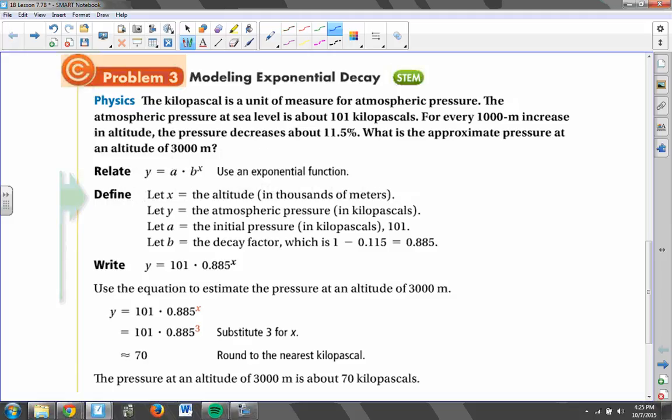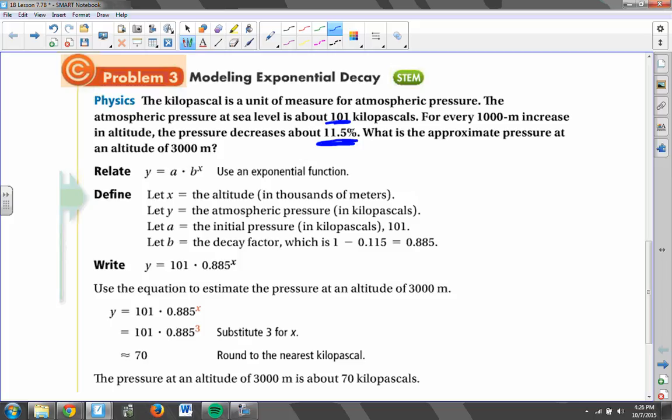The problem says the kilopascal is a unit of measure for atmospheric pressure. The atmospheric pressure at sea level is about 101 kilopascals. That's going to be important. For every 1,000 meters we go up in altitude, the pressure goes down 11.5%. What is the approximate pressure at an altitude of 3,000?